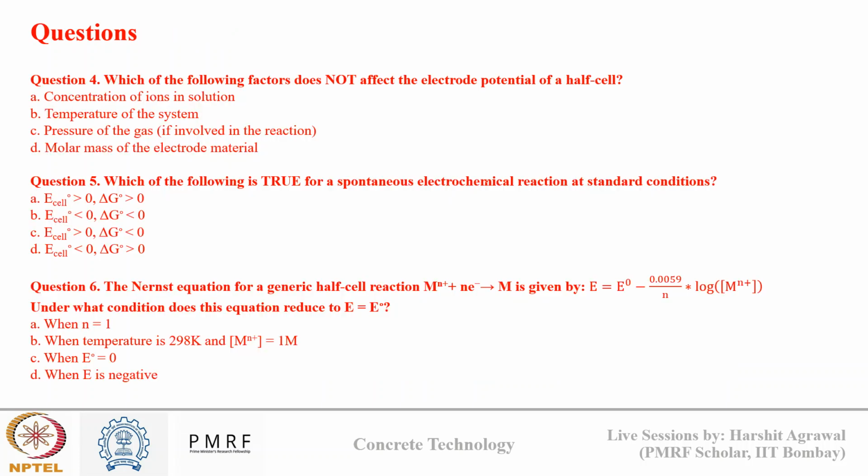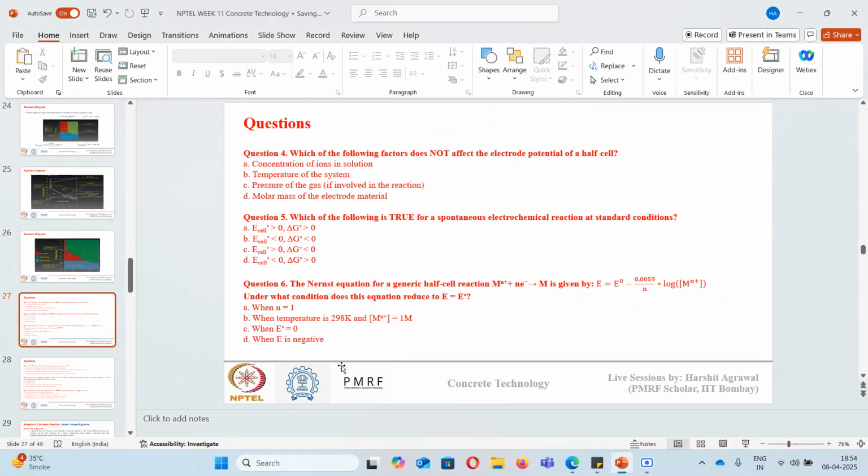Now, just try to answer a few questions related to this thermodynamics and potential part that we have discussed. If you have any doubt in this part, you can ask me right now, because this will be something new for you and it is a little advanced form of discussion. You are free to ask any questions that you want, any part that you want me to repeat.